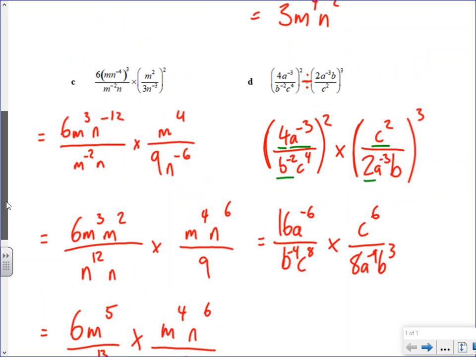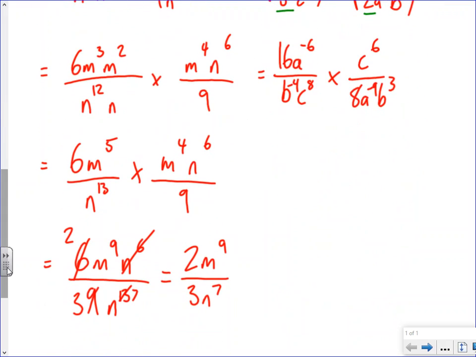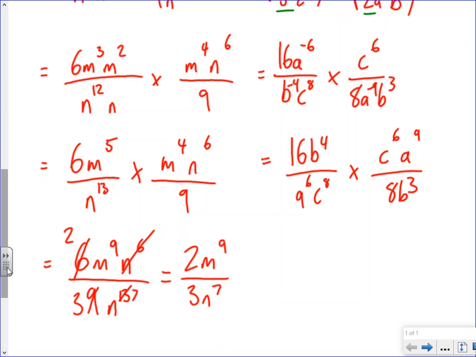Now that we've done that, let's go ahead and flip all our negative powers again. So we have 16 b to the power of 4 over a to the power of 6, c to the power of 8 times c to the power of 6, a to the power of 9 over 8 b3.